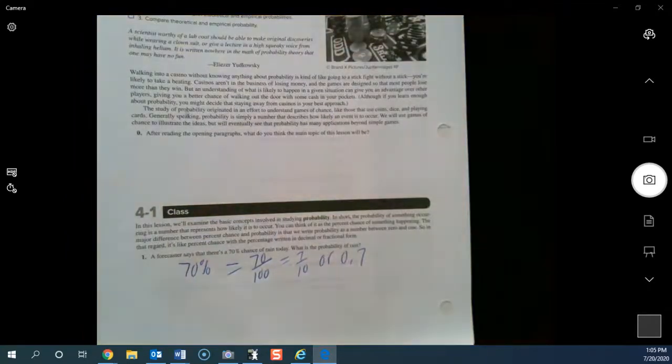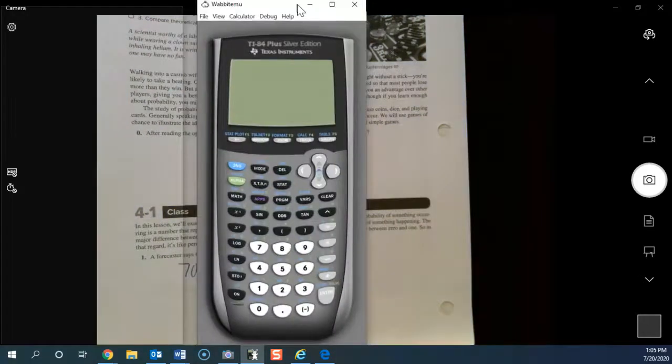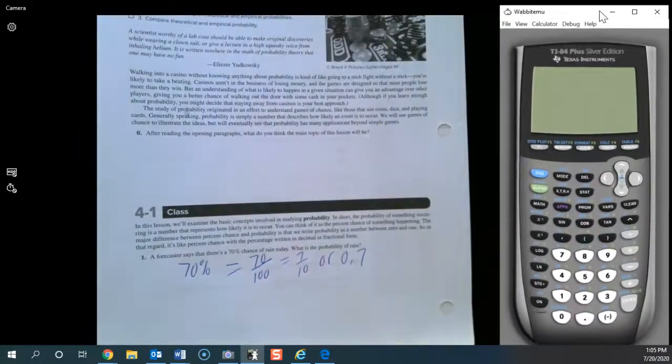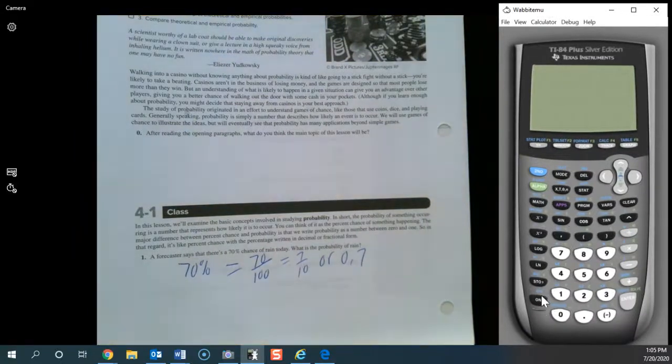And we could put that in our calculator to illustrate this. So I'm going to pull up the TI calculator only because this is just basic arithmetic, and like I said, it takes up less room than our traditional Desmos calculator.